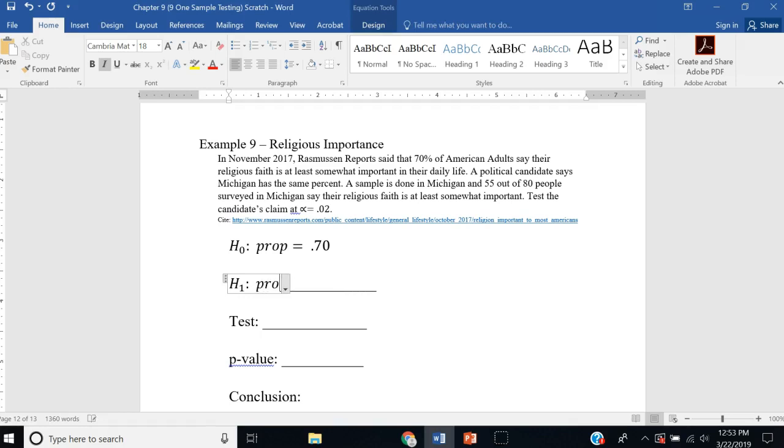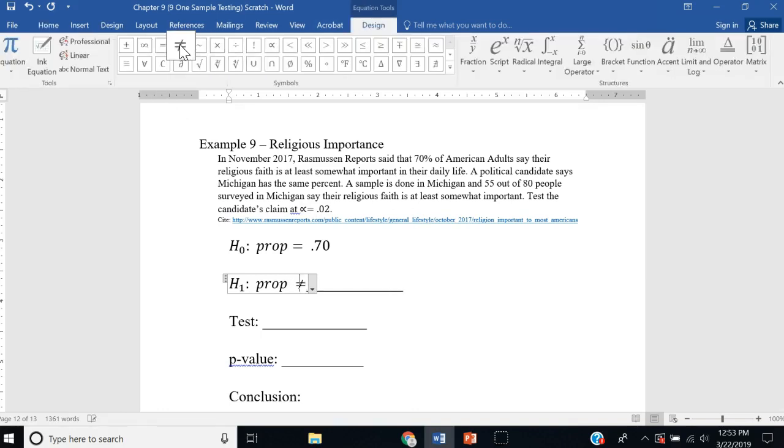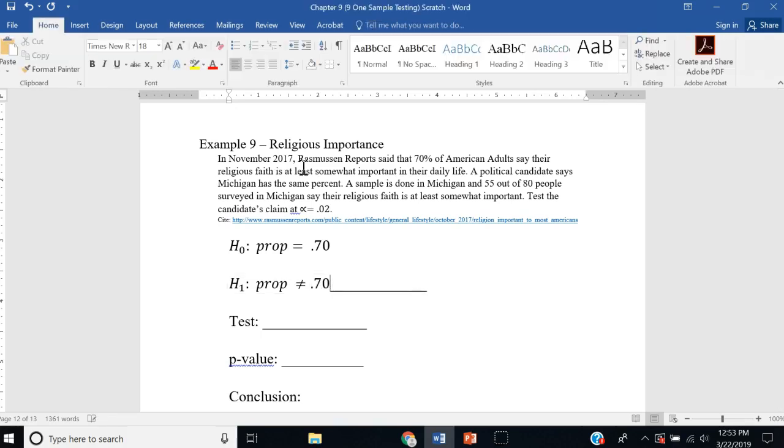The alternative is not equal to. The proportion of people in Michigan who think that their religious faith is important is not equal to 0.70. Again, that "at least" doesn't refer to at least this number, it just means important or not, a little important or not.